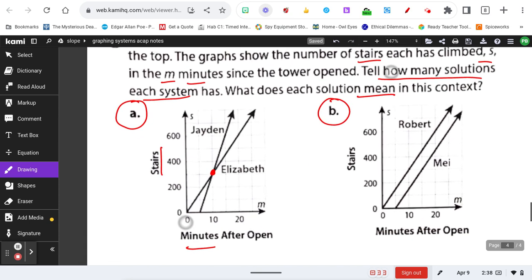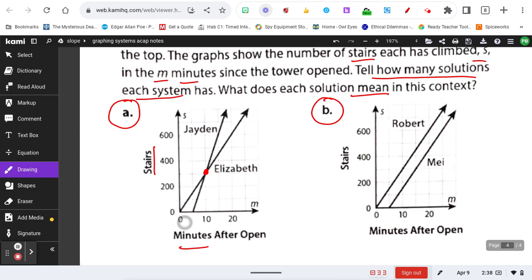Let's look at this first one. This point of intersection is 10 minutes after it opens. These count by 100s: 100, 200, 300.